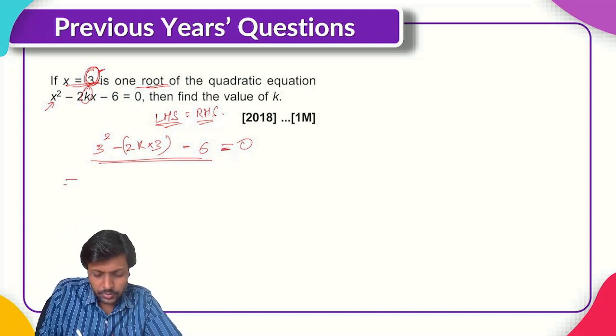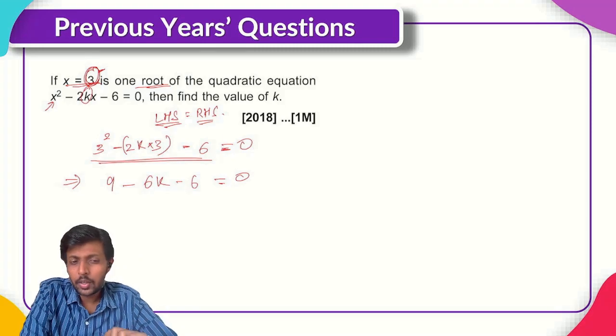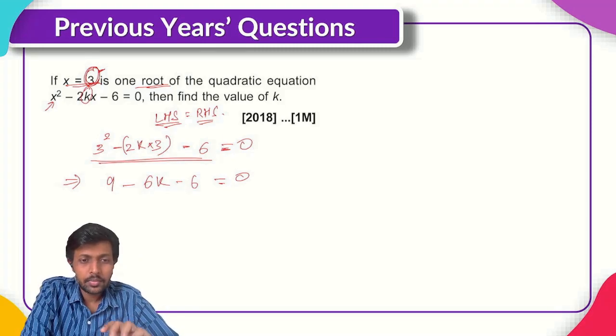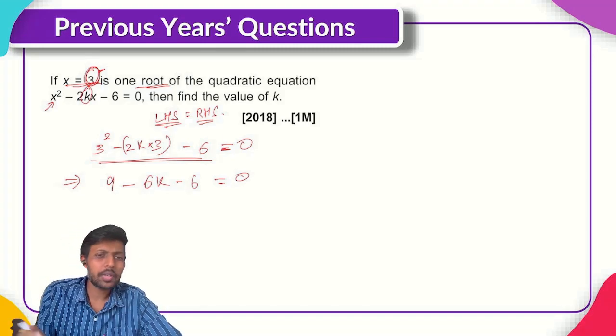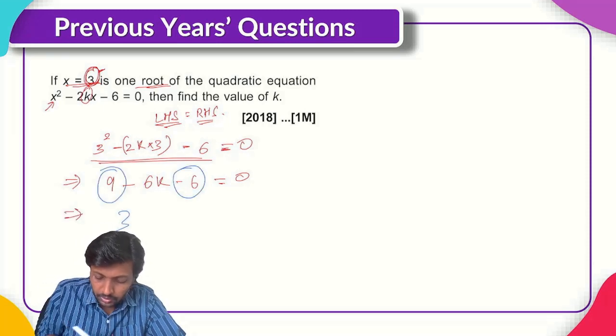So now, if we simplify this further, minus 6k minus 6 equal to 0. See, we have a linear equation in k. Here, k is the only unknown. We can figure out k very, very easily. This minus this becomes 3 minus 6k equal to 0. This gives you 3 equal to 6k.